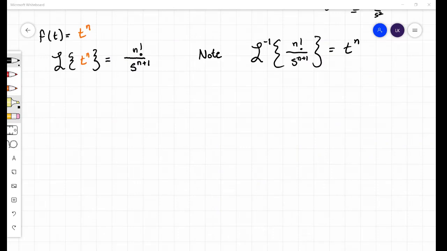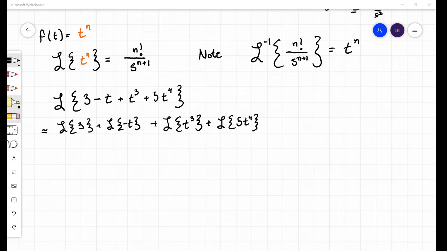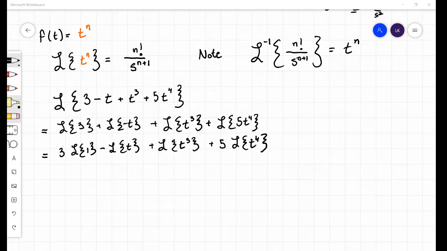So now using this formula for the Laplace transform of t to the n, and the fact that the Laplace transform is a linear operator, we can take the Laplace transform of any polynomial. Here's an example. Let's find the Laplace transform of this fourth degree polynomial in t. Using linearity, we can find the Laplace transform of each term in that polynomial.